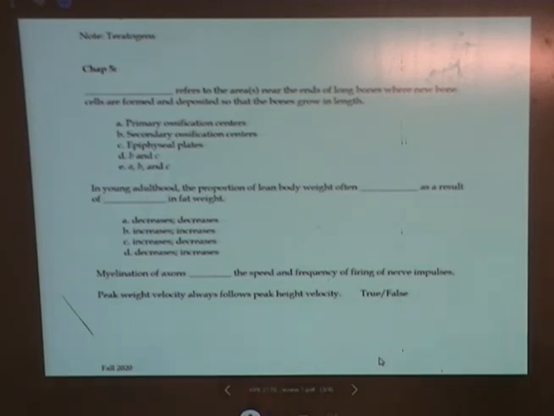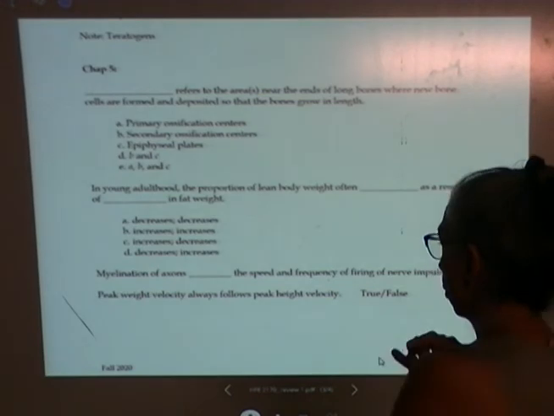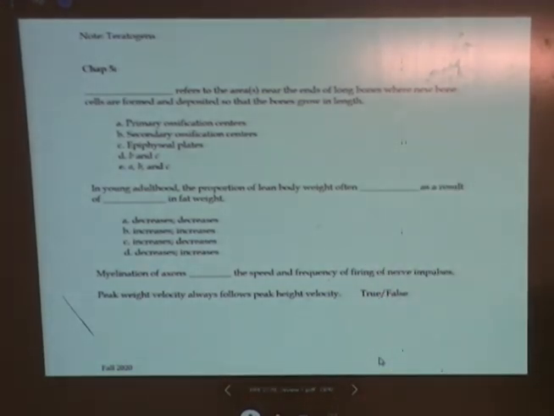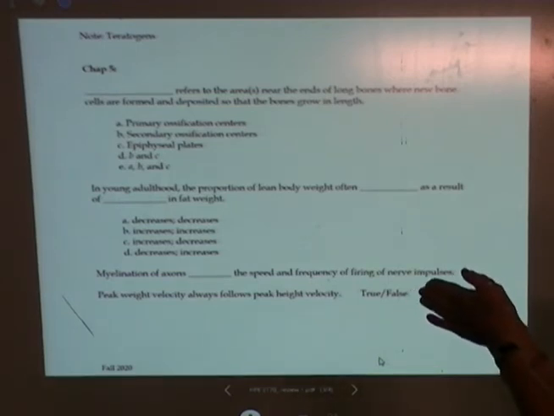Okay, myelination of axons. Blank the speed and frequency of firing of nerve impulses. So this is connected, if you consider motor nerves, right? I'm sending the signal down the motor nerve to the muscle tissue.